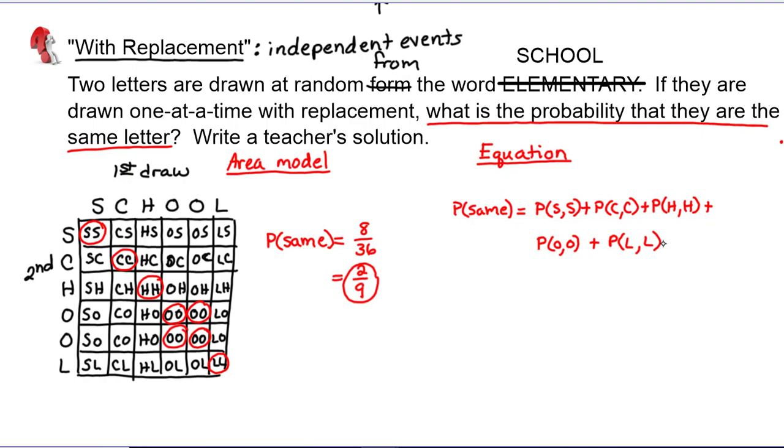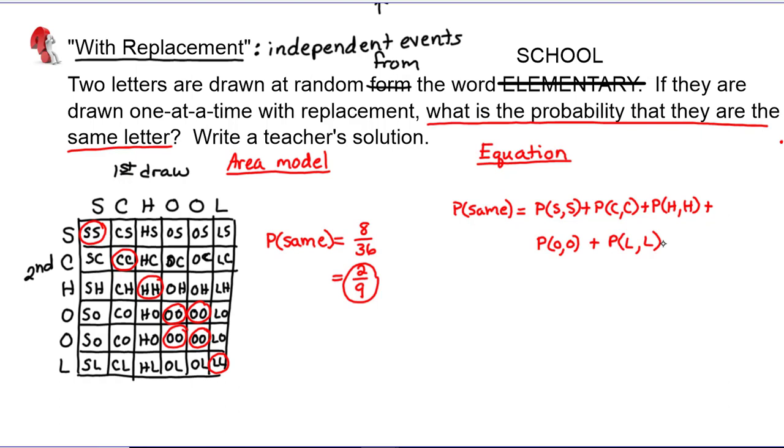Because this equation puts all the O's into one basket, whereas the area model separates the first O from the second O. It's kind of like two different things, whereas with the equation, O's are O's, regardless of whether it's the first O or the second O.